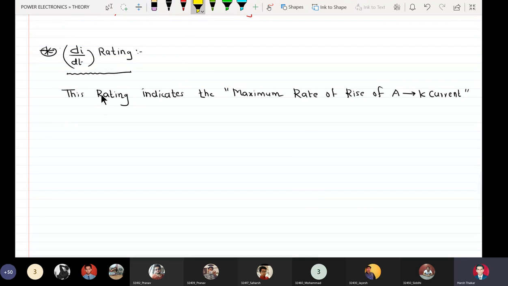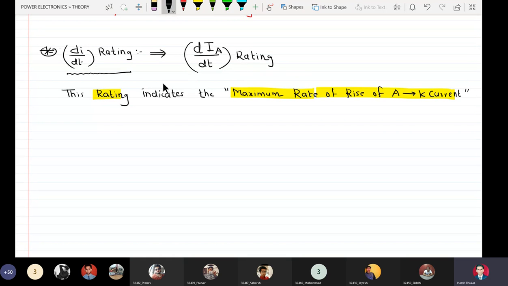Okay, so this rating indicates the maximum rate of rise of anode to cathode current. So we can say that this rating is also called the dIA by dt rating.